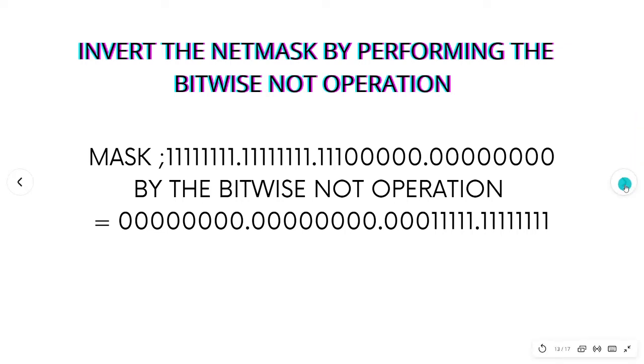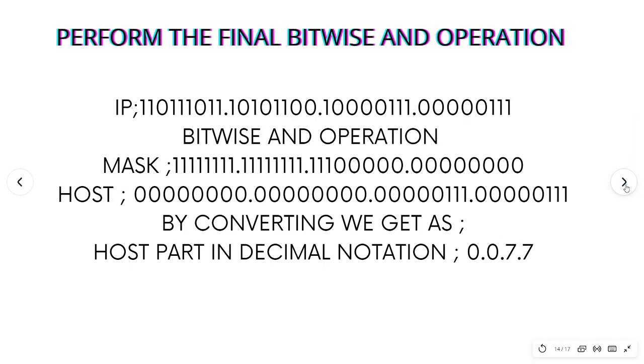So let's move on to the next and final step in getting the host part of the IP address: perform the final bitwise AND operation, just as previously when we found the network part of an IP address. But here we take the binary form of the IP address and the previously obtained binary form of the mask by performing the bitwise NOT operation.